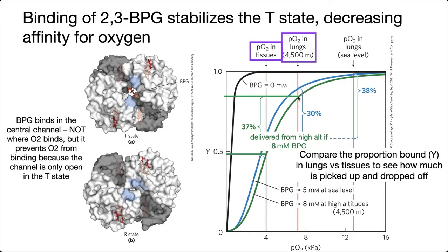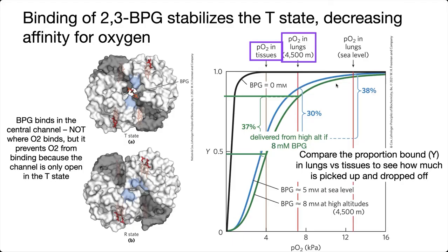Overall, we have just a tiny bit lost here, but then we have a bigger amount gained down here. And so we would end up delivering about 37% of the oxygen of the hemoglobin's oxygen capacity. And that's pretty similar to what we would have if we had started at sea level with the 5 millimolar.